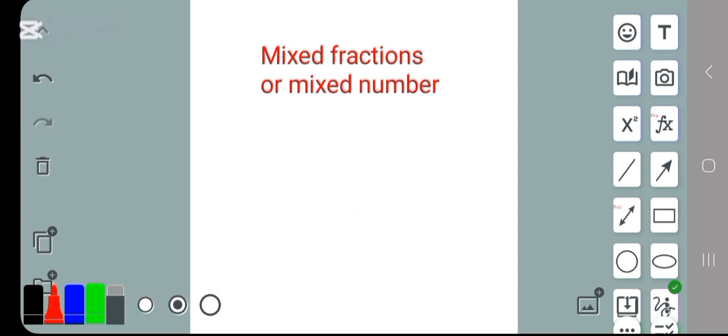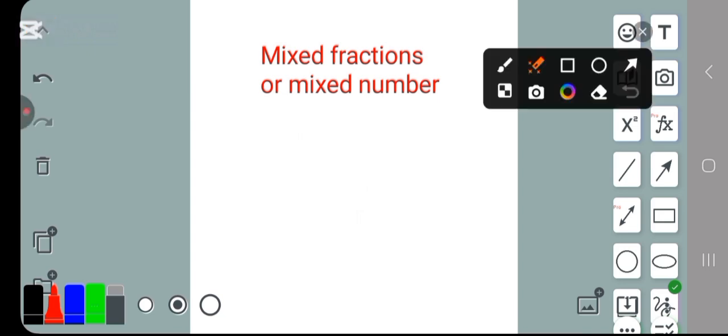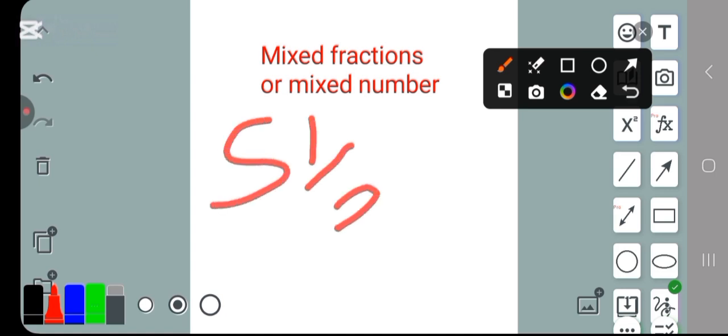What is another example of a mixed fraction? We have 5, 1 over 2. 5 is the whole number, then 1 over 2 is the proper fraction, and many more.